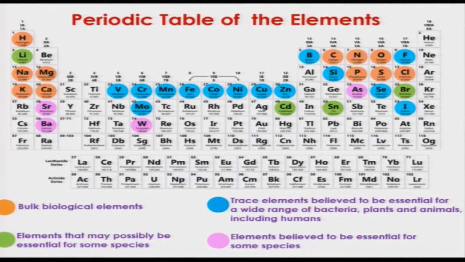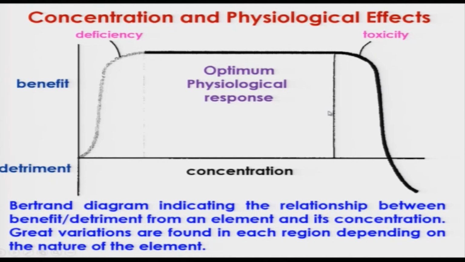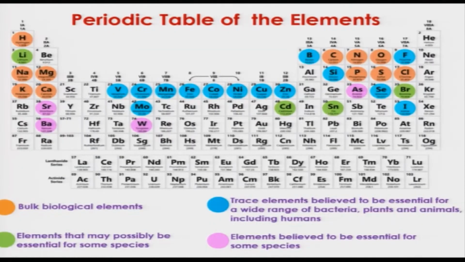The green ones are elements that may possibly be essential for some species, and the pink ones are also believed to be essential for some species. These elements are indeed utilized by nature for various activities. If you look at this entire periodic table, the other elements are not even utilized in biology, for various reasons which I have discussed in detail in my earlier lectures.